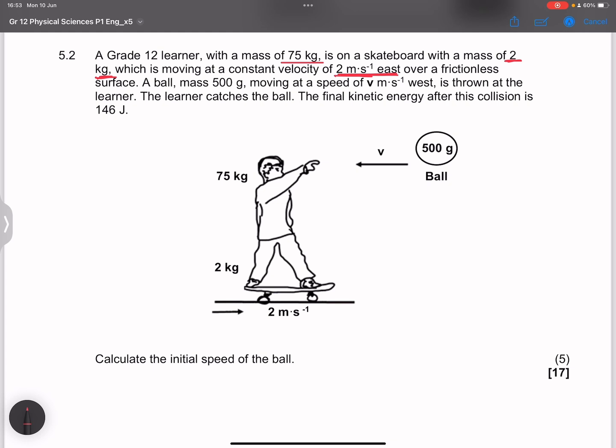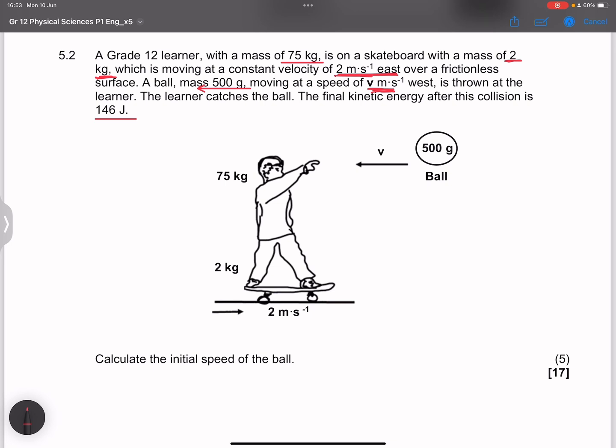They say a ball of 500 grams, moving at a speed v meters per second west, is thrown to the learner. The learner catches the ball, and the final kinetic energy after this collision is 146 joules. We must calculate the initial speed of the ball.